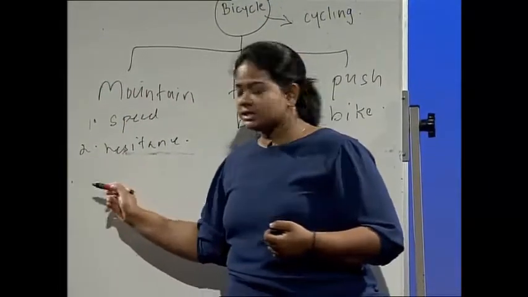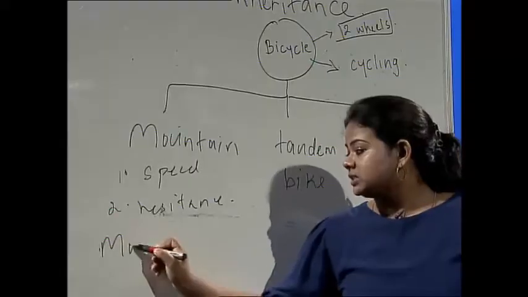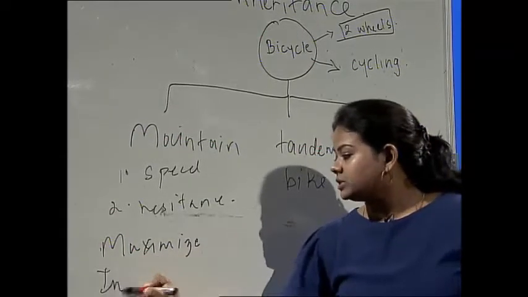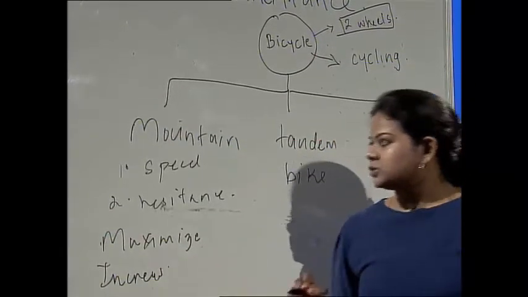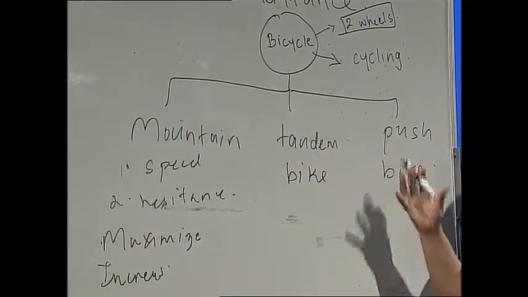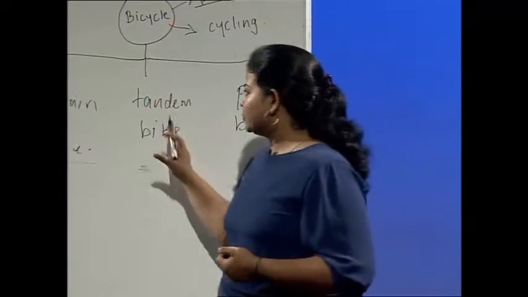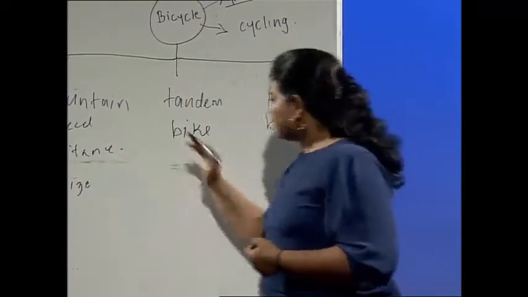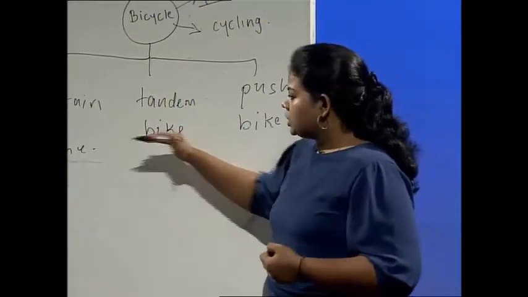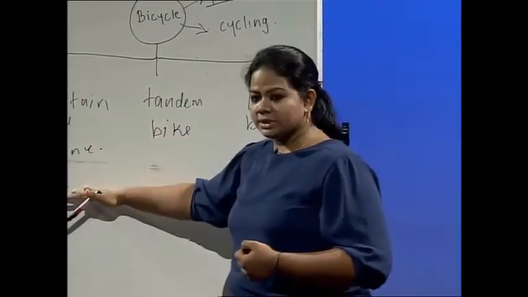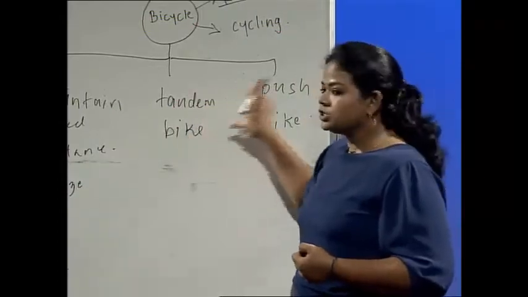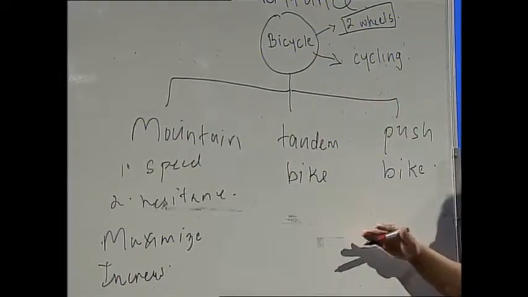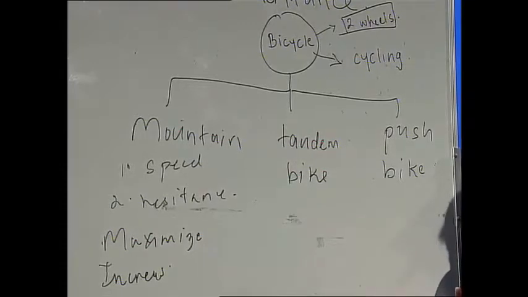For methods, we can think about maximizing the speed or increasing the resistance. Anyone who is an expert on bicycles will obviously know the details, but for now let's keep it this way. Likewise, we can specify the properties and the methods for each and every child class. So this is the basic idea of inheritance.